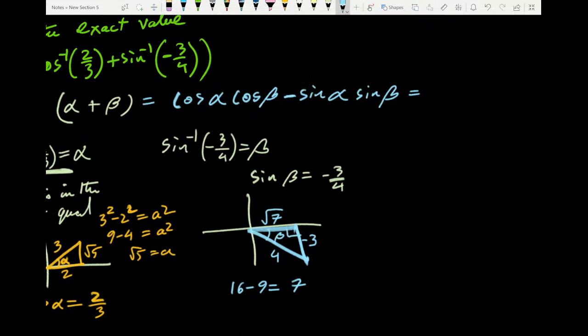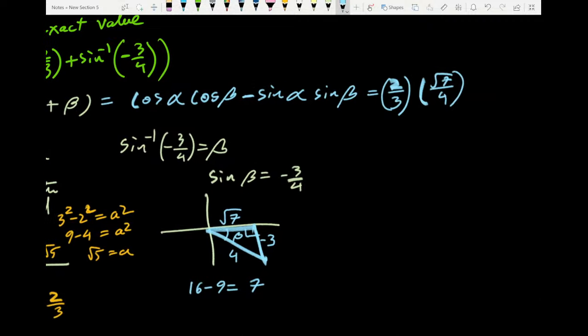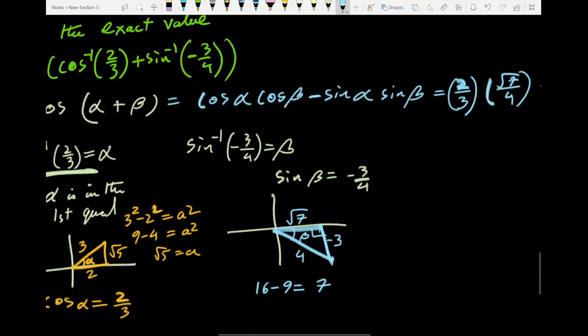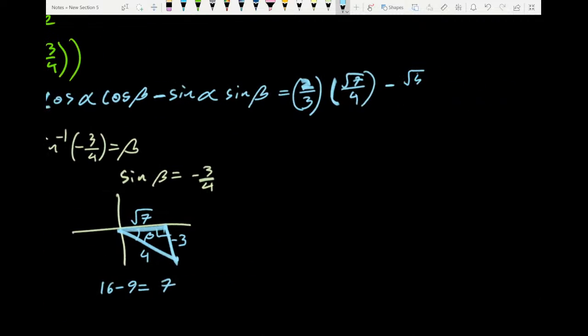So cosine of alpha is going to be 2/3. And cosine of beta is going to be square root of 7 over 4. Then minus sine of alpha is going to be square root of 5 over 3, and times sine of beta is going to be negative 3 over 4.